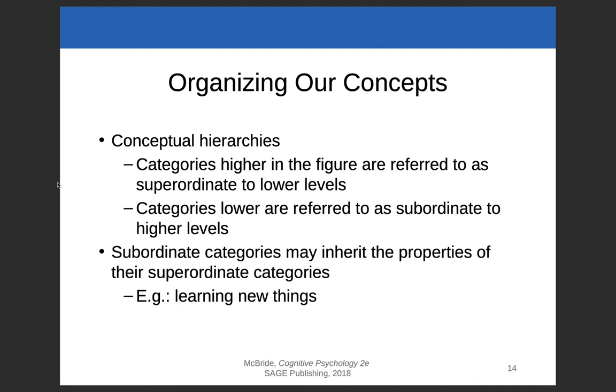Now, of course, a hierarchy means that there are categories that are higher than others and categories that are lower than others. And of course, we do have these categories. For example, we have a category of animal, and below that category of animal, we have feline.